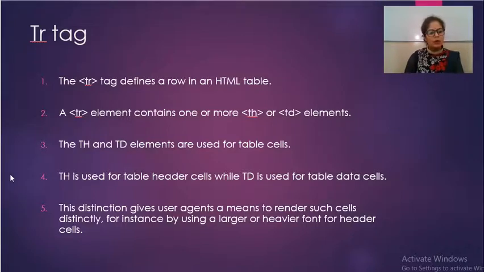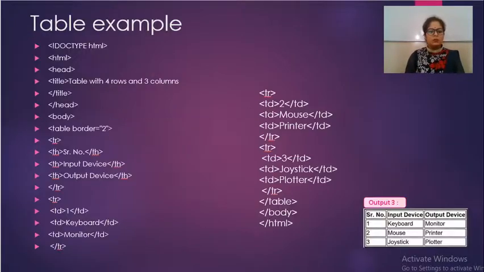Now let's move to the example. This is an example of how we have to create a table. So students, I will explain all the steps, and I have taken an example so that you will get this type of output. Look at this table first of all.